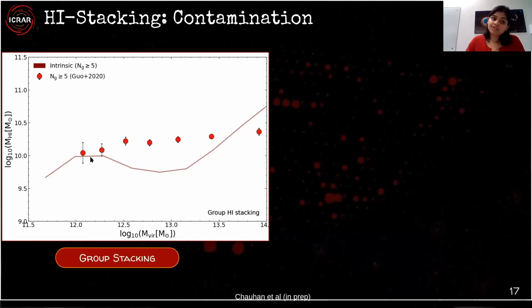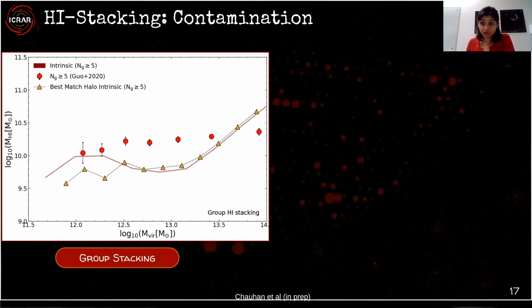The points over here are the HI mass measurements of the galaxy groups with 5 or more galaxies in them, as measured by Guo in the 2020 paper. Next line is what I call the best match halo. By best match halo, I mean the best match counterpart of the galaxy groups in our simulations. And the HI mass that I'm calculating over here is the entire HI mass associated with those halos.